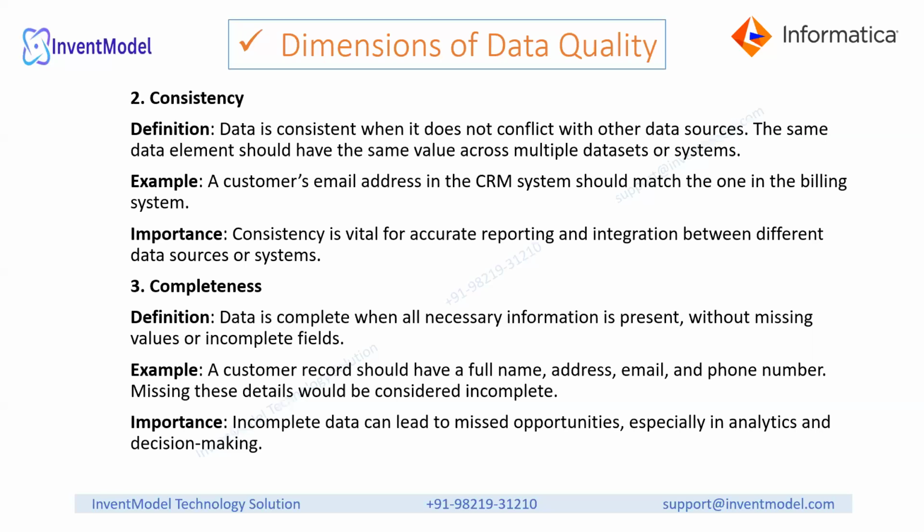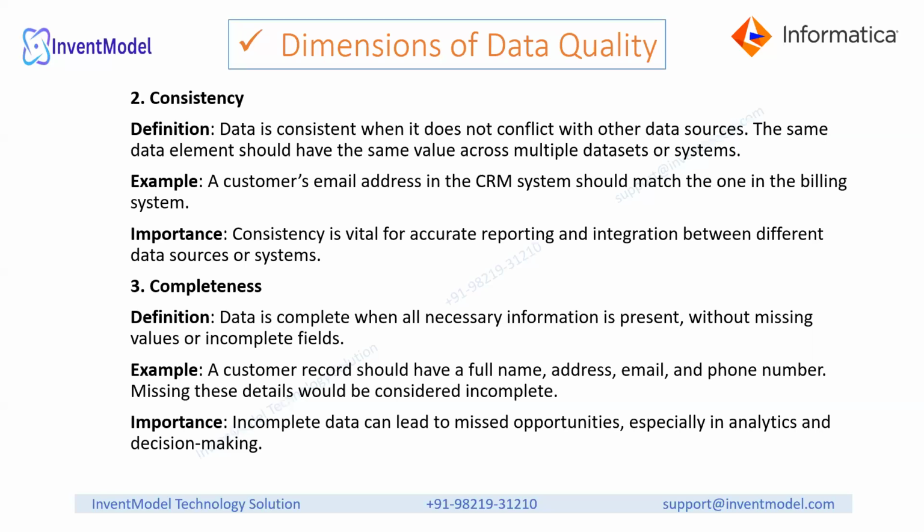So suppose we have 100 customers in one of the systems, but some of the customer data is duplicated because it has different values in the other system. So we can understand that in place of 100, we have a total of 110 customers. So those 10 are duplicates, which is an incorrect value, right? Accordingly, it can impact our reporting, compliance, and other parameters. So we have to make sure our data is consistent.